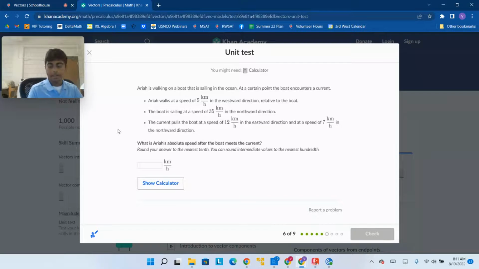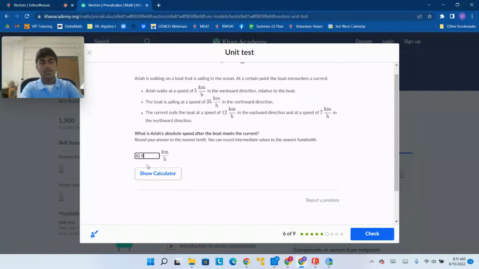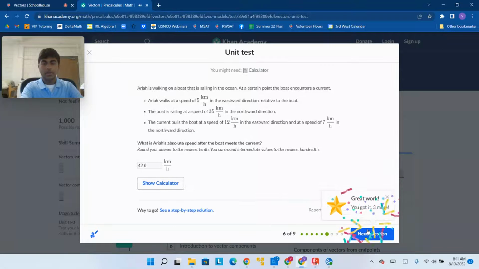But they're asking for it to the nearest tenth, so we can just evaluate the square root of 1813, which is going to be 42.6. And we can keep going.